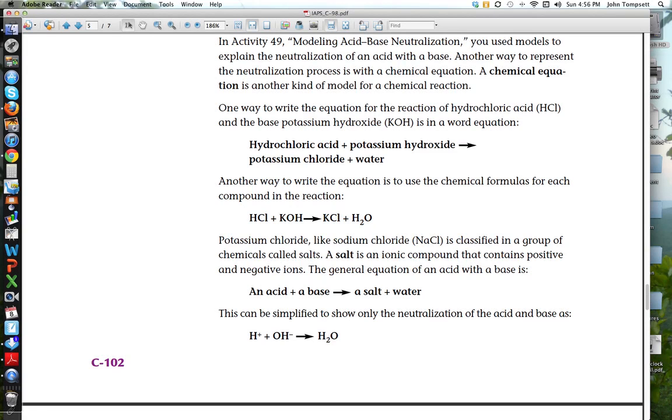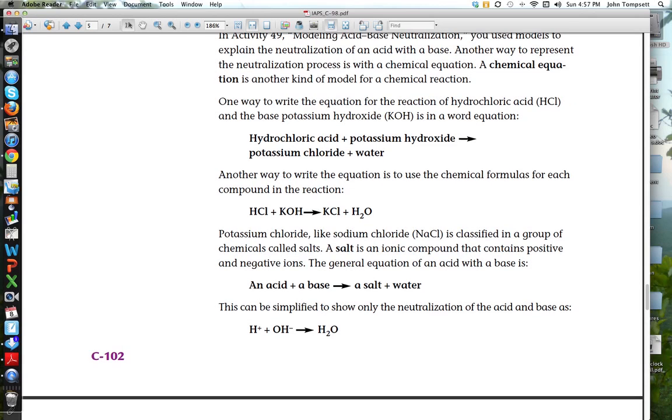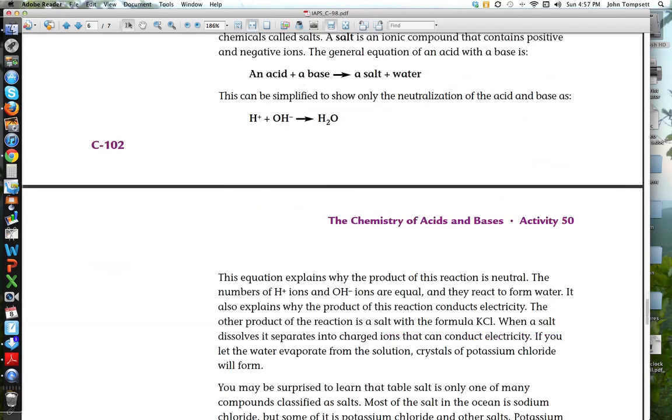This can be simplified to show only the neutralization of the acid and base as positive hydrogen ions plus negative hydrogen and oxygen ions will yield H2O. You can see 2 hydrogens here, one positive, one negative, one oxygen, and another oxygen from here. Let me scroll to the next page.